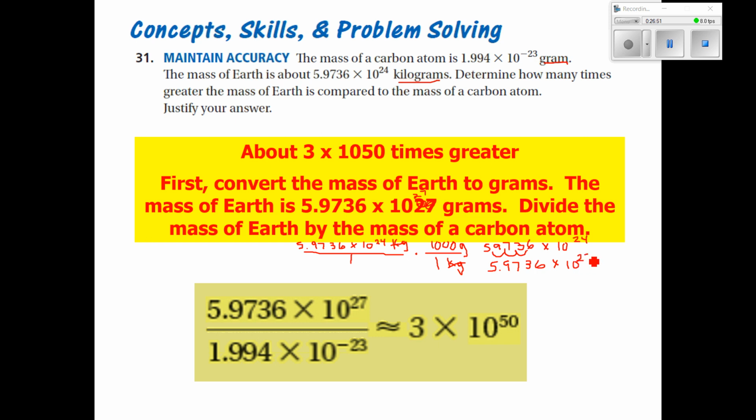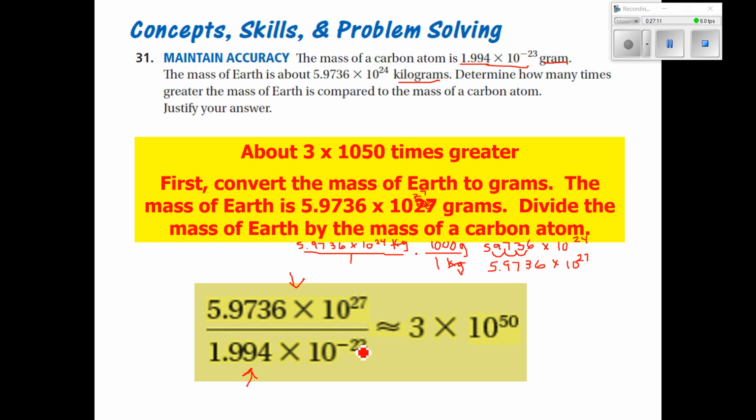All right, that's where they got this number here. And then they use this number up here, the mass of carbon atom, to represent the bottom of the fraction. Now remember, we got a negative number here, right?